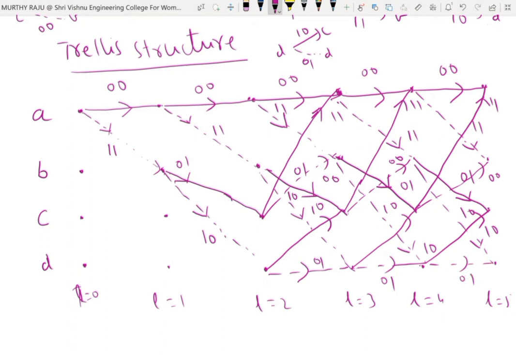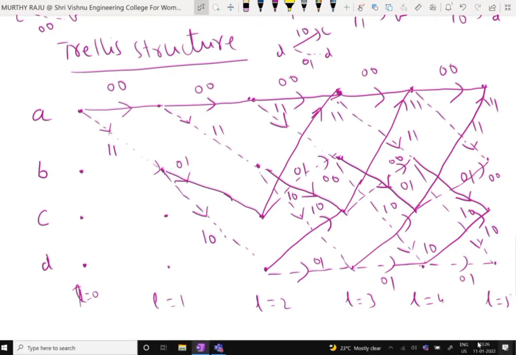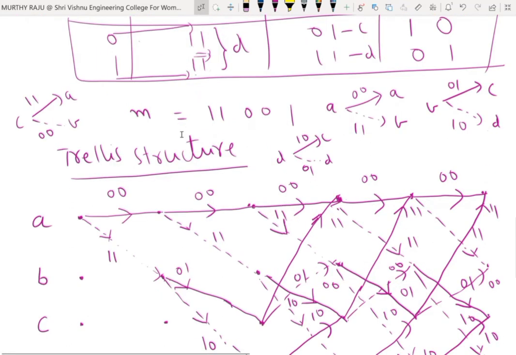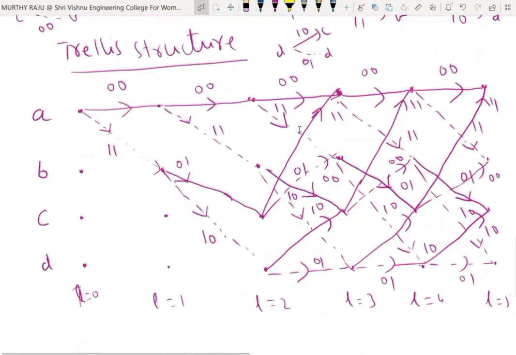Up to 5 levels are considered because the M value, the length of the message sequence, is 1 2 3 4 5. Now consider here M is equal to 1 1 0 0 1.